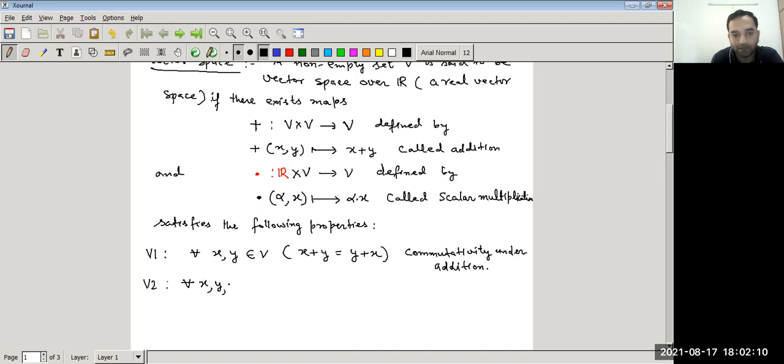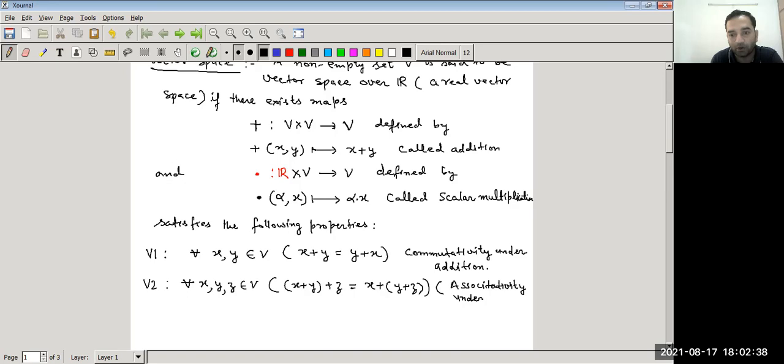For all x, y, z belongs to V, x plus y plus z is equal to x plus y plus z, and we call this associativity under addition.